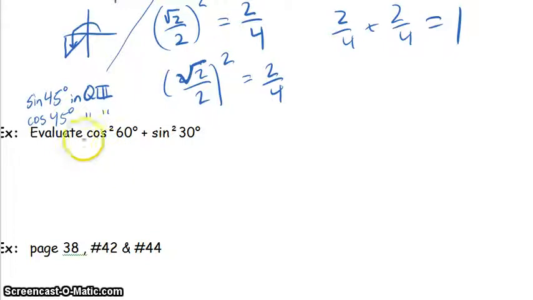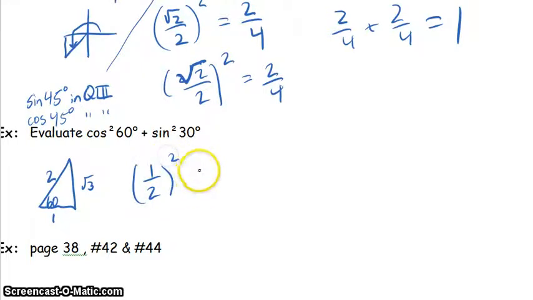Cosine squared of 60. Well, from what we did, a 60-degree angle, if this was 60, this is what our picture looked like. 60 degrees cosine was 1/2, so 1/2 squared. 30, well, that was a 30-degree angle up here, so sine, that's 1/2 squared as well.